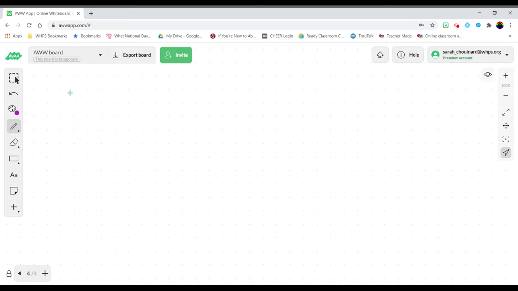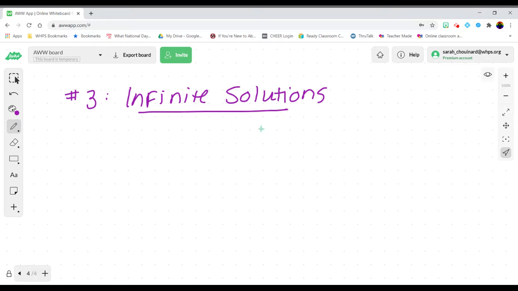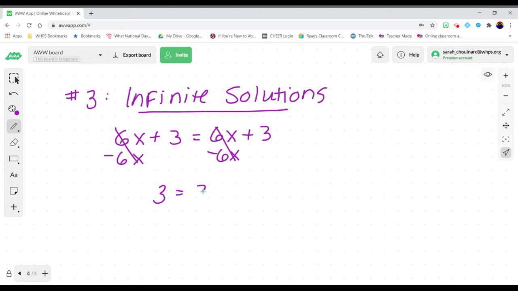Our last option is what we call infinite solutions. That means that every single number is going to give us a true statement. So for instance, if I had 6x plus 3 equal to 6x plus 3, when I go to subtract 6x from both sides, I'm left with 3 equals 3.